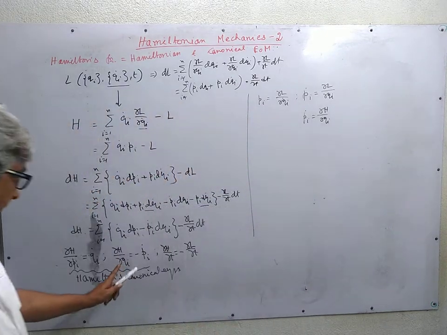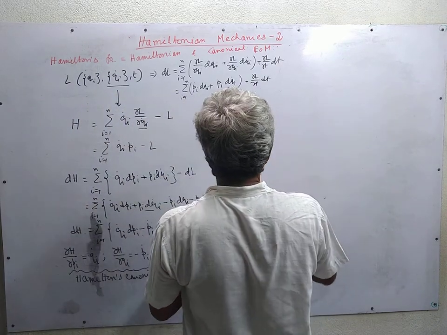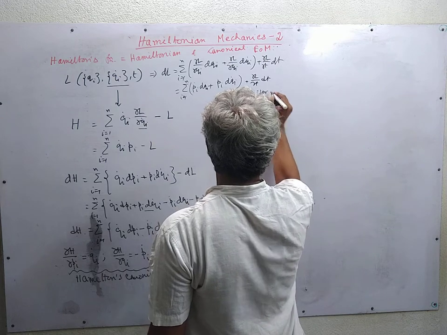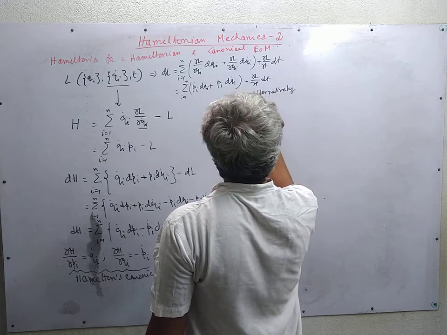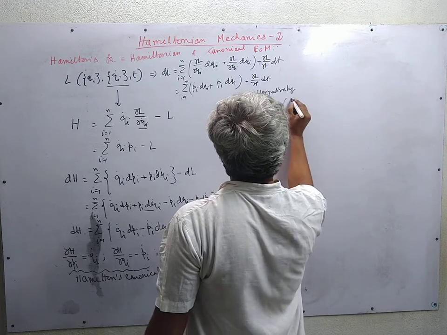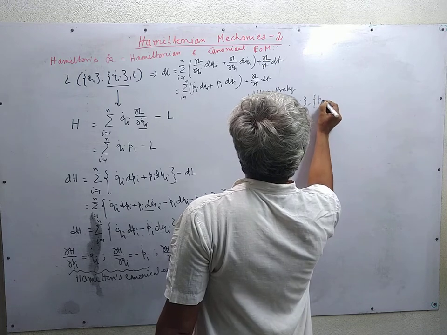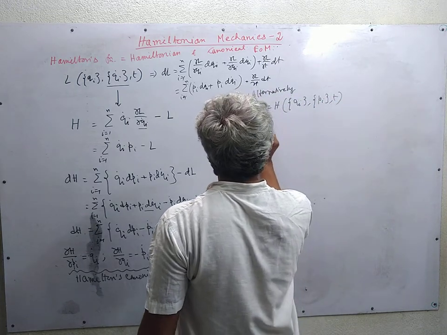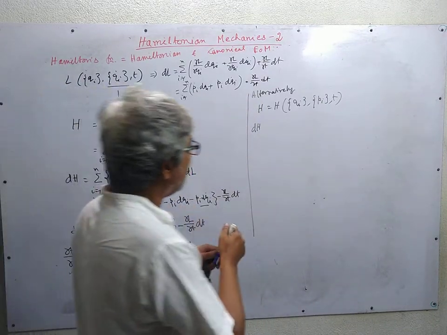Another way of arriving at this equation is that, starting from this equation, we know alternatively that H is a function of qi's, pi's, and of t. So we take the differential of this.